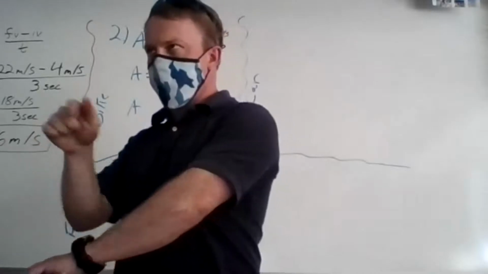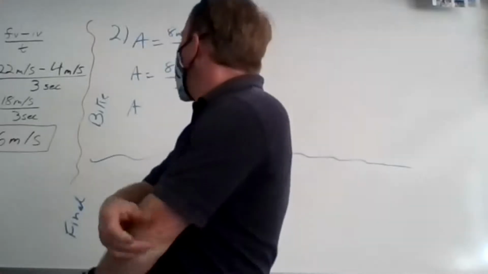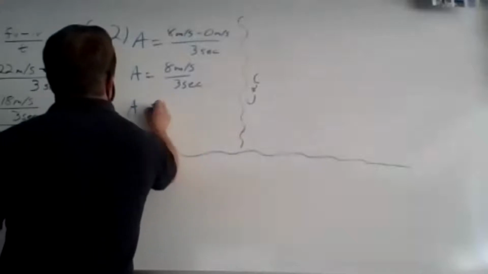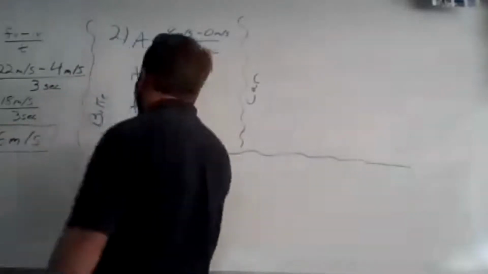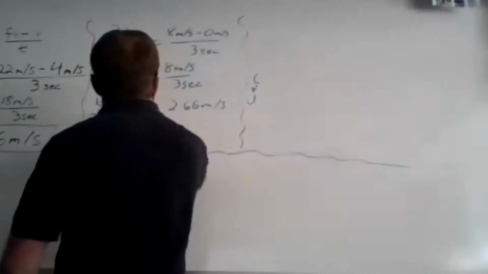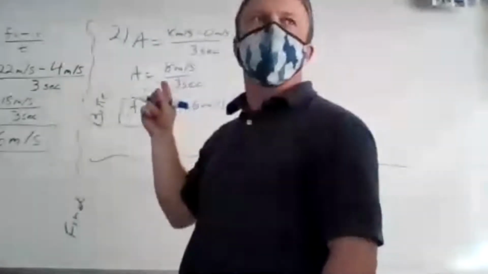Only have the calculator feature up. What's 8 divided by 3? Yep, good. You can cut it shorter, 2.66. So that's the bicyclist's acceleration rate, 2.66 meters per second.